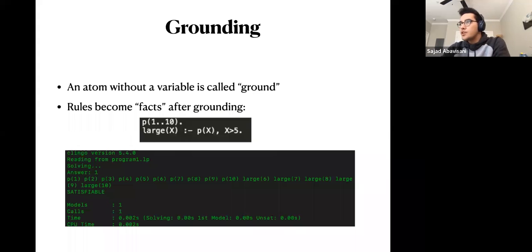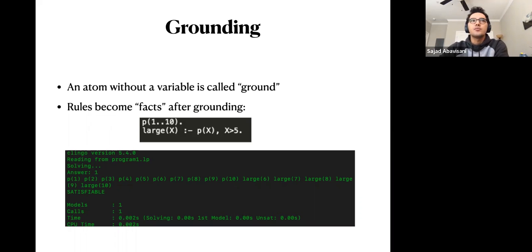So the solving happens in 2 stages. The first stage is grounding. Grounding is basically turning all of the rules into facts. A grounded fact is something that does not have a variable.